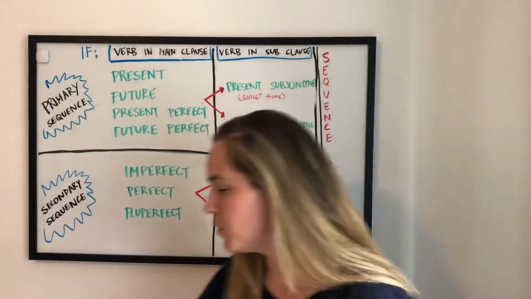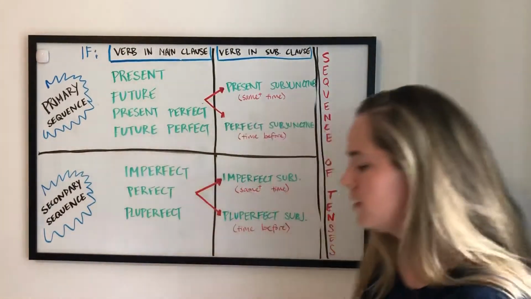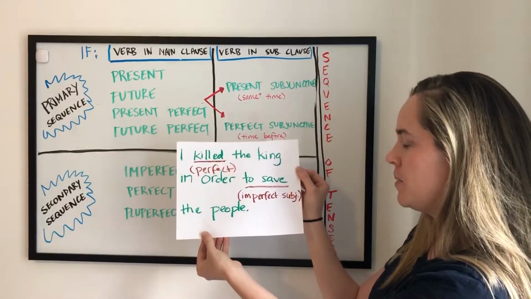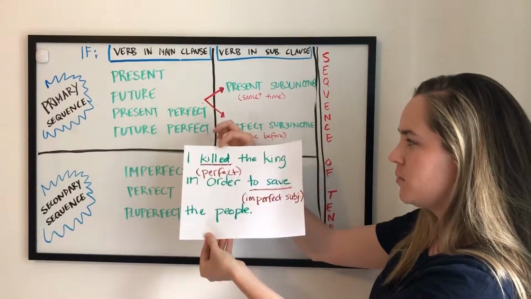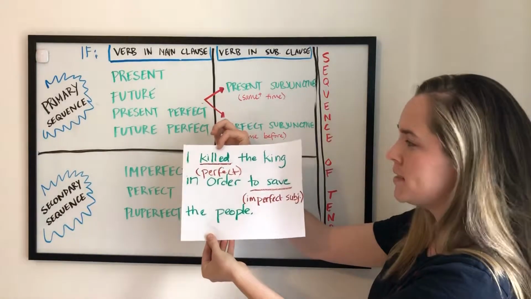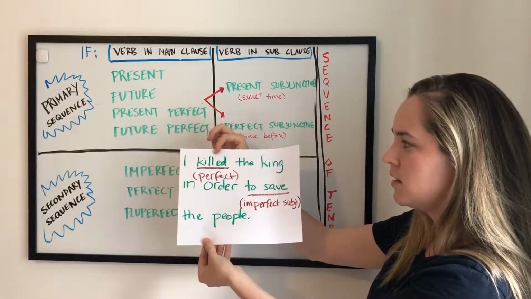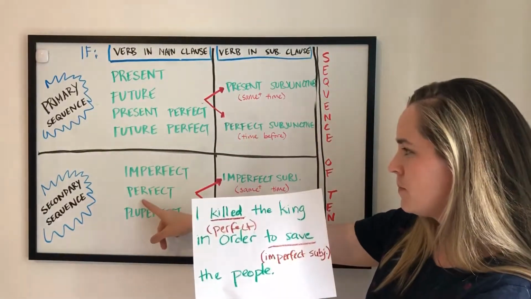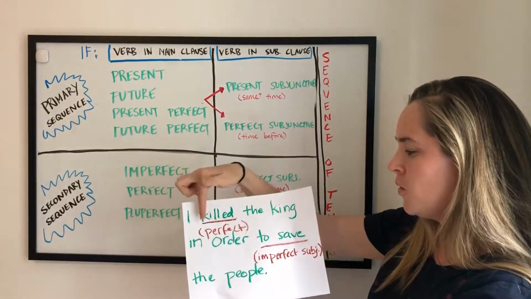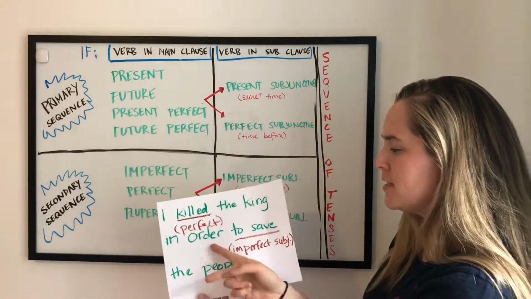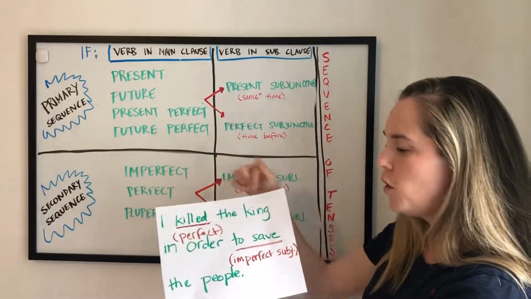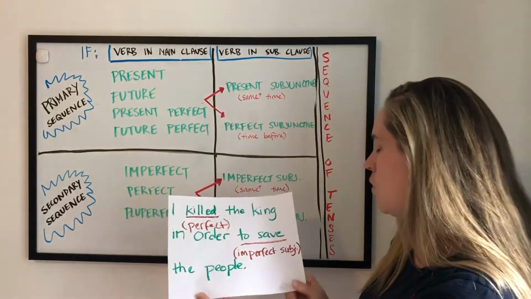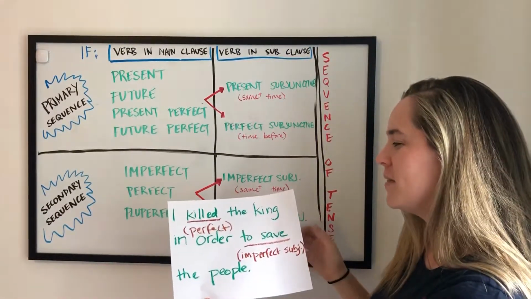Let's take another example. I killed the king in order to save the people. First, we look at our main verb, "killed." What tense is that? It's past tense, right? In Latin, it would be perfect. And then, "in order to save the people," does that saving happen before, during, or after the king is killed?